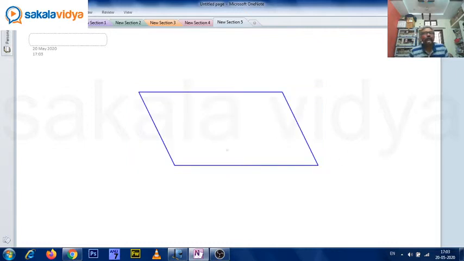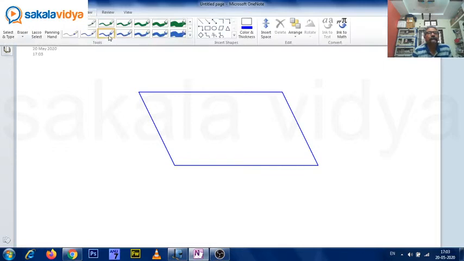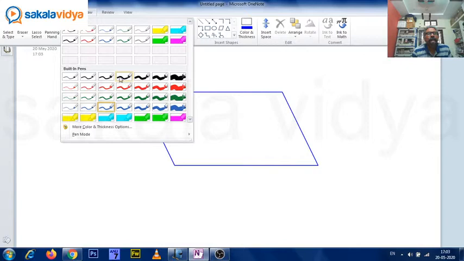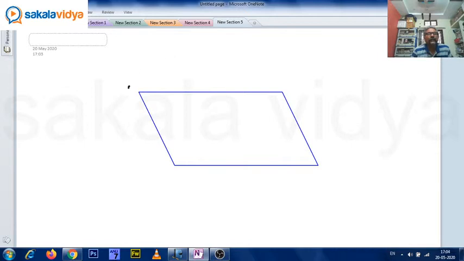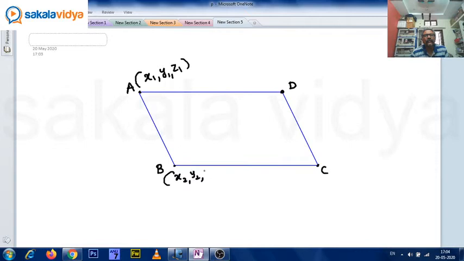Suppose you want to find out, let us say this is vertex A, this is vertex B, this is vertex C, this is vertex D. Here A is given as (x1, y1, z1), B is given as (x2, y2, z2), C is given as (x3, y3, z3).